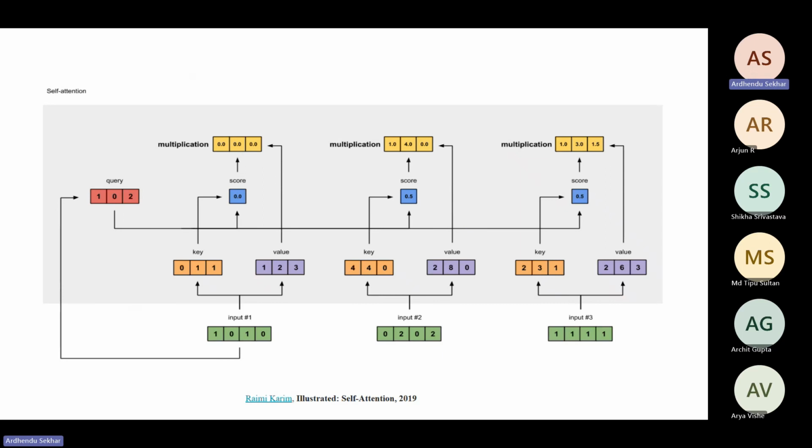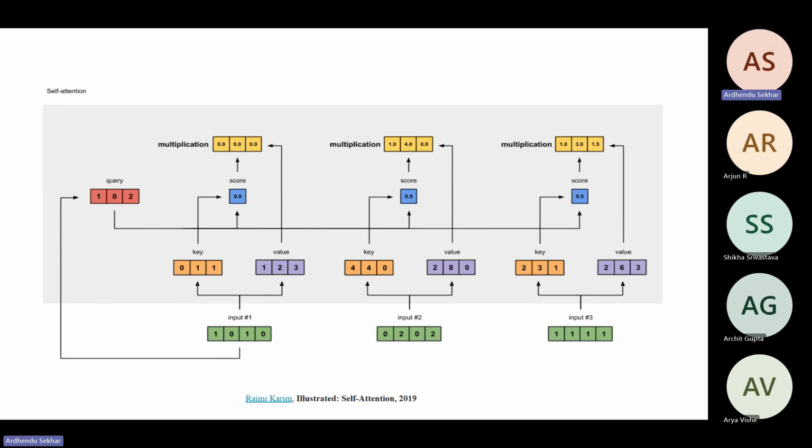So I am telling Q1, K1, V1 for input vector 1. Here's Q2, K2, V2. There will be Q3, K3, V3. So you get the idea. That is what is shown there. You have a query, a key, and a value. And this is all attention is.